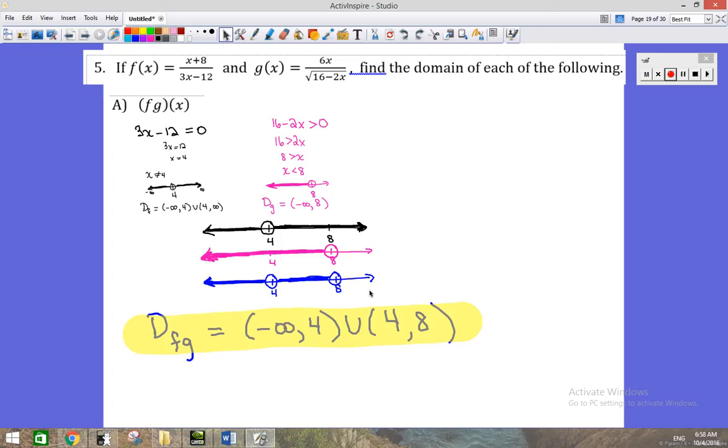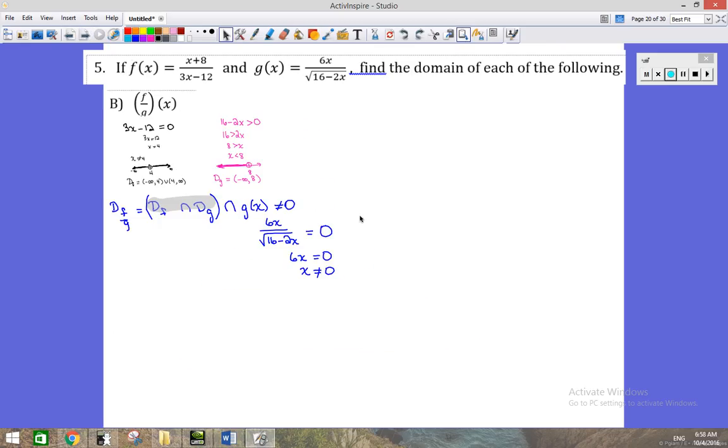I wonder if it'll let me steal that. It sure will. So that is this part.